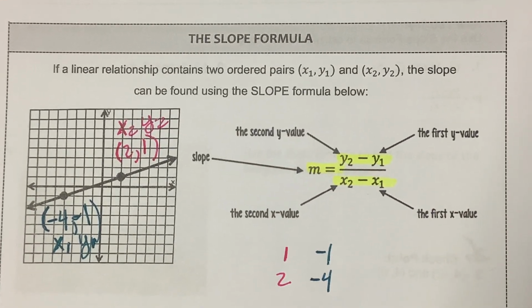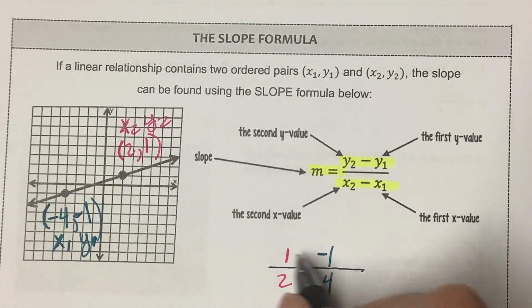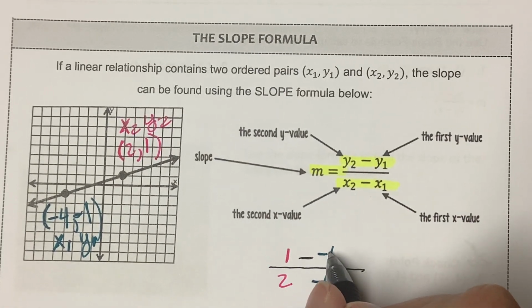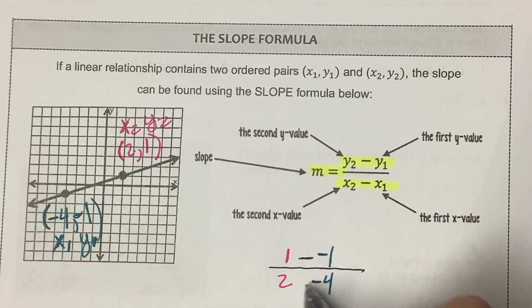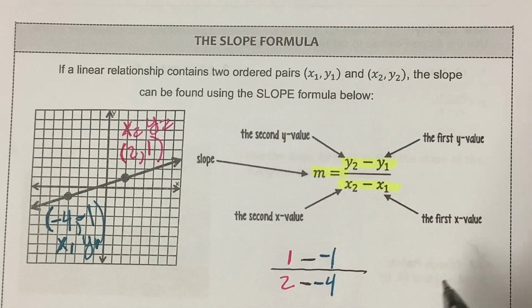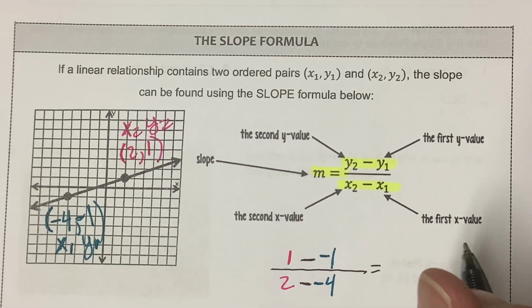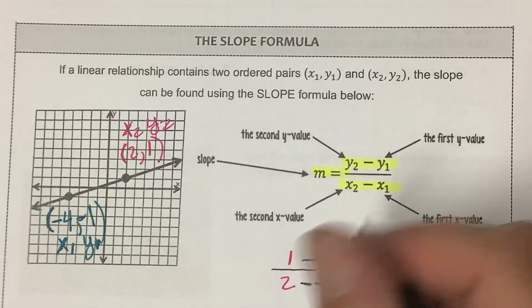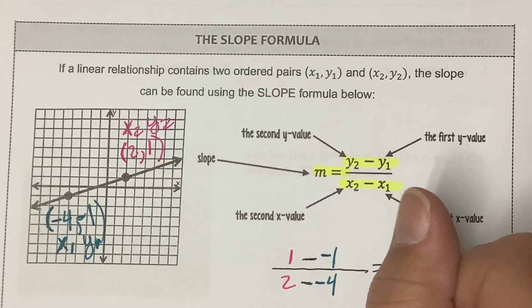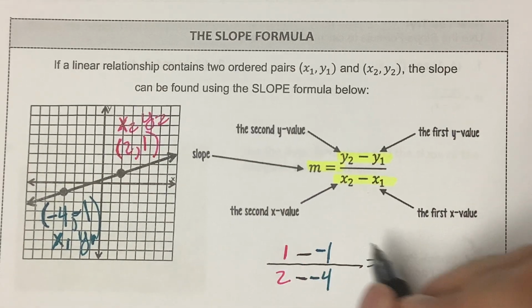So here's how I'm going to find the slope. y2 minus y1 over x2 minus x1. Ooh, I have a lot of double signs there. Keep change, change some signs. Keep change. I'm going to add the inverse because I don't like having double signs there.